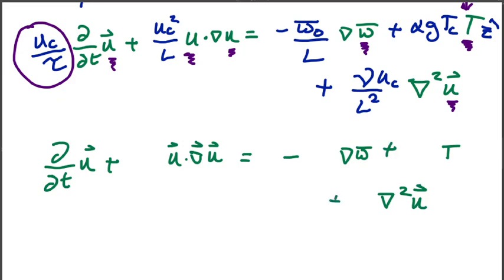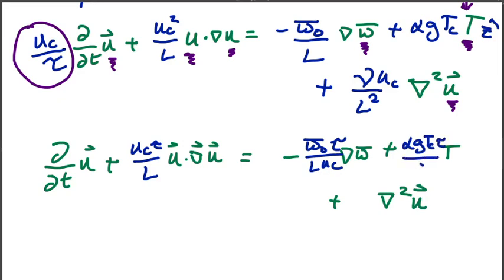And let's now go fill in our non-dimensional numbers here. So here we have uc tau over L. Here we have a pomega naught tau over L times uc, and then here we have an alpha g T characteristic tau divided by u characteristic, and here we have a nu tau over L squared.